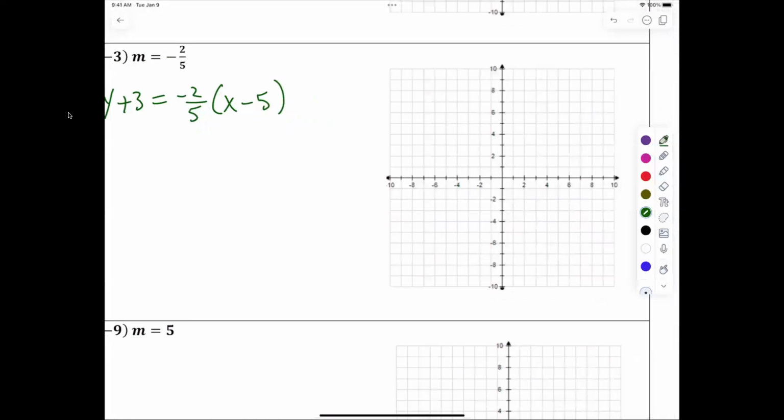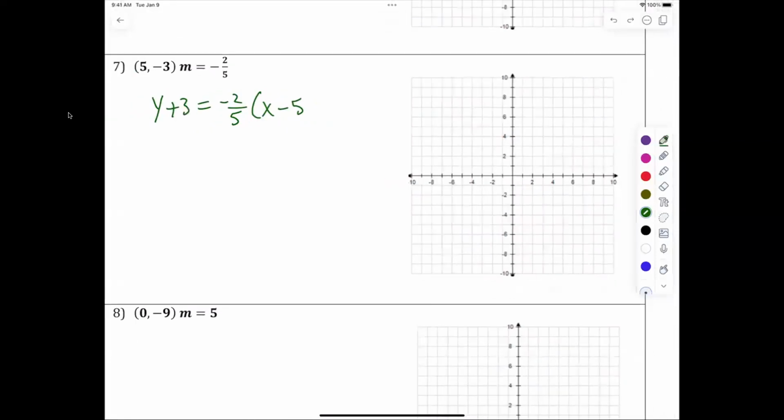Where am I plotting? 5, negative 3. From there, I'm going to go what? Down 2 and to the right 5. Yes, very nice. Down 2 to the right 5. All right. Anybody having trouble?